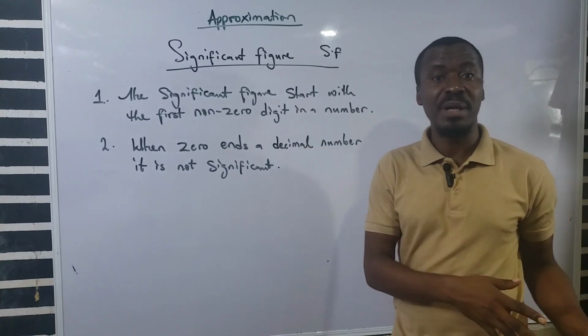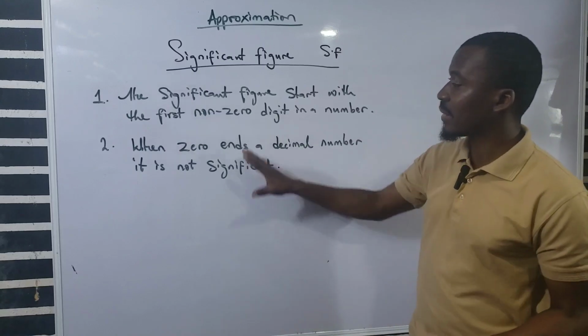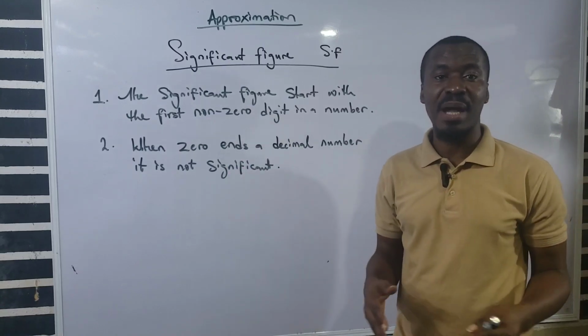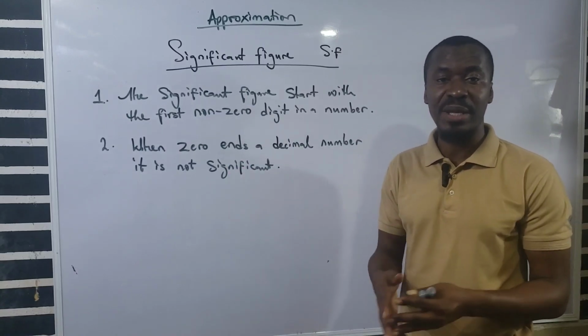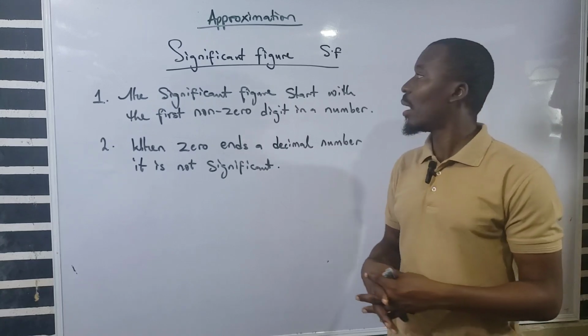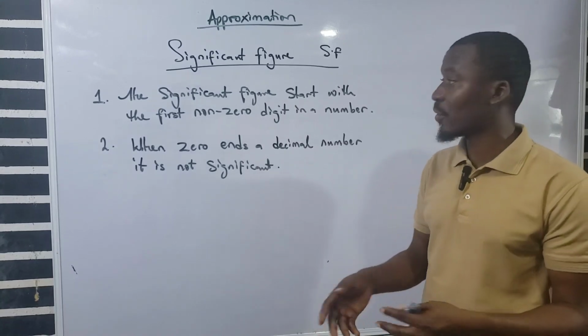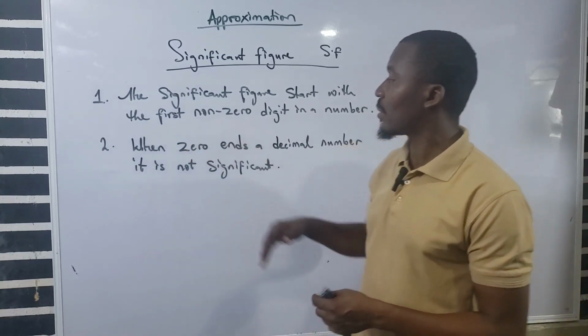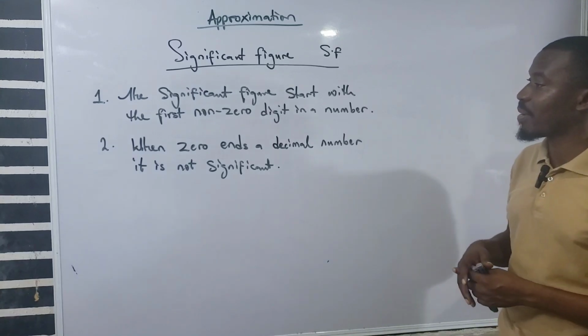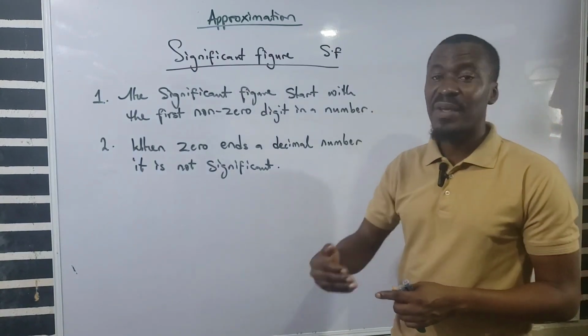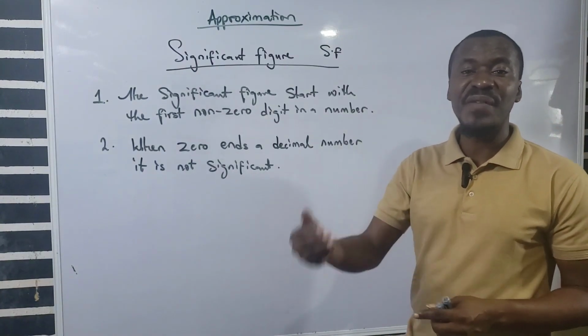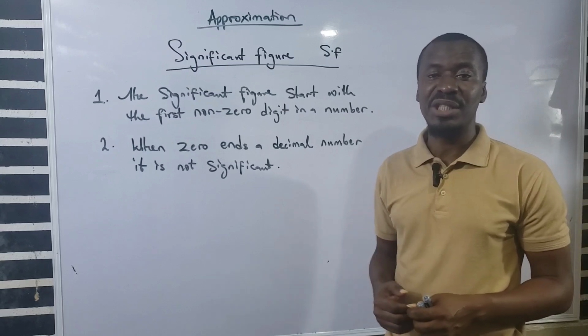Apart from the rounding up and rounding down, these are the two major things that we need to have in mind while approximating a number to a certain significant figure.